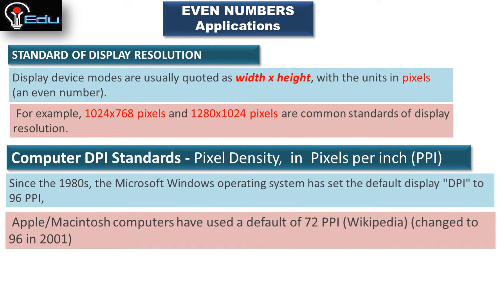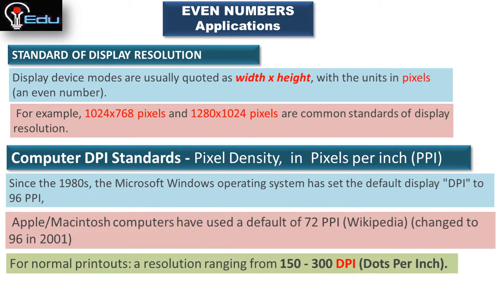And now Apple or Macintosh computers have used a default of 72 PPI. Now it is changed to 96 PPI in 2001. So for normal printouts, a resolution ranging from 152 to 300 dots per inch. So for taking printouts, we will set the DPI equal to 300.